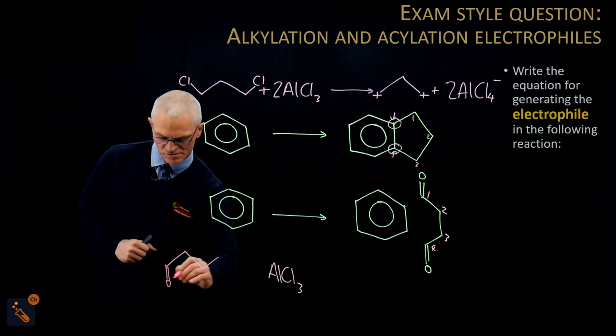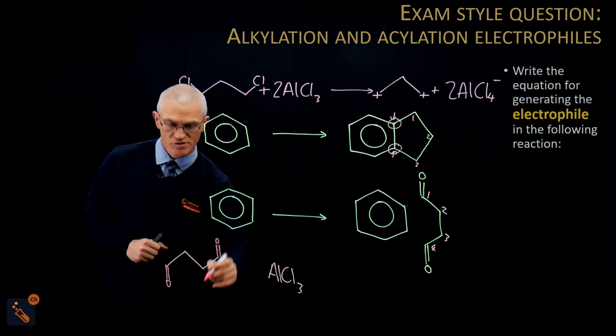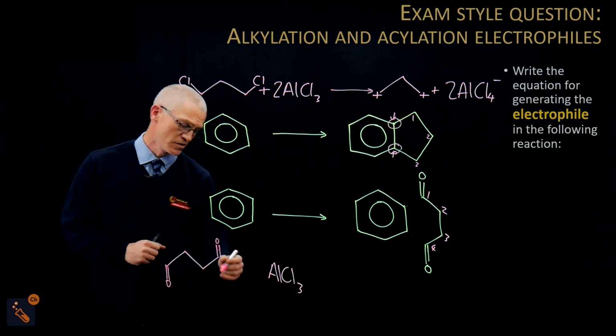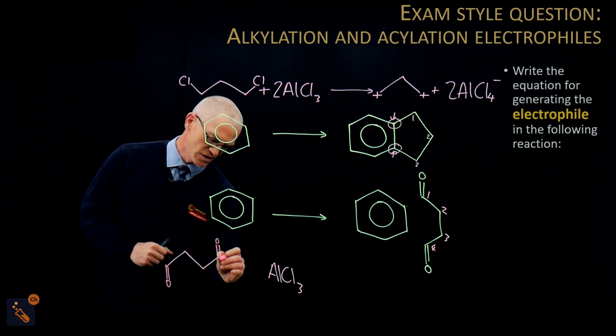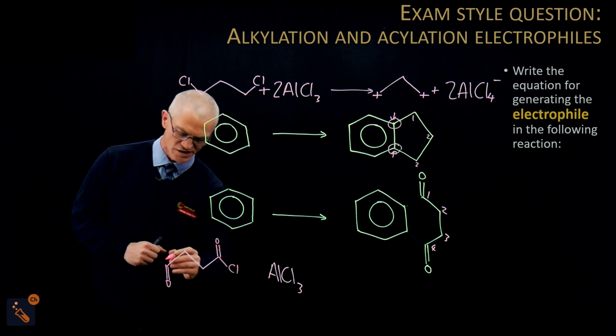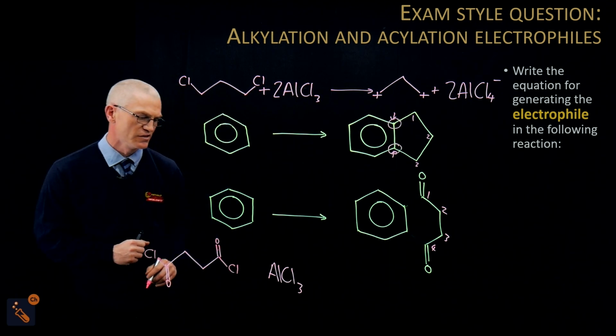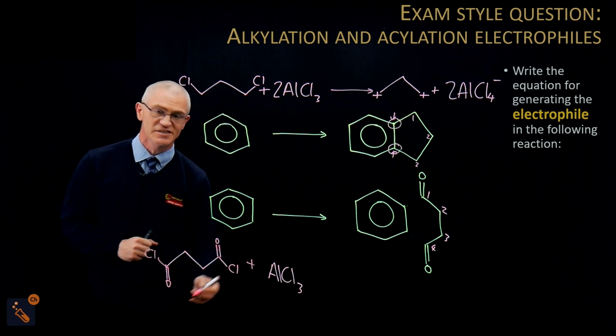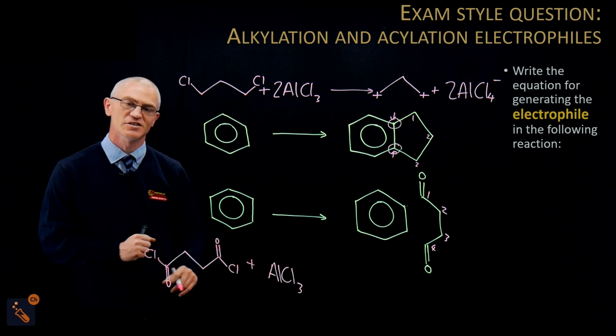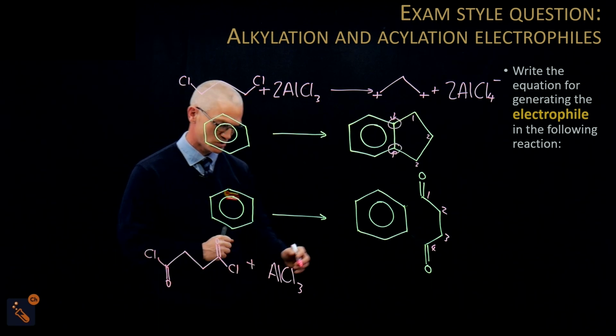Let's put this acyl group on again. And then in order to react, it's got to have that and that on the end. Just realised I've done this in skeletal again. I'll do the second half in structural formula just to make it a bit more obvious.